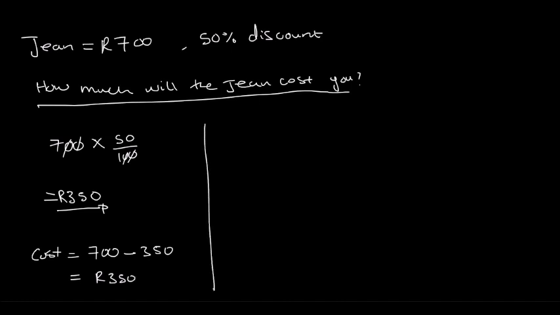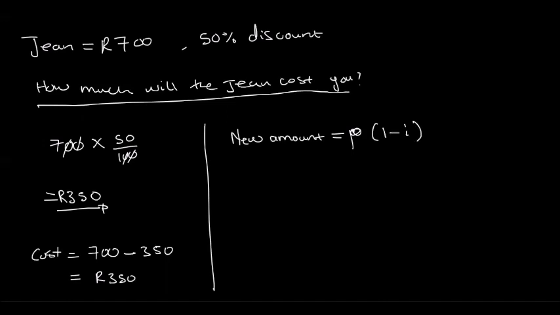Could we have done that faster? Yes, we could have gone to our formula. So the new amount would have been equal to the principal amount, and instead of saying 1 plus the interest, we'll say 1 minus the percentage.